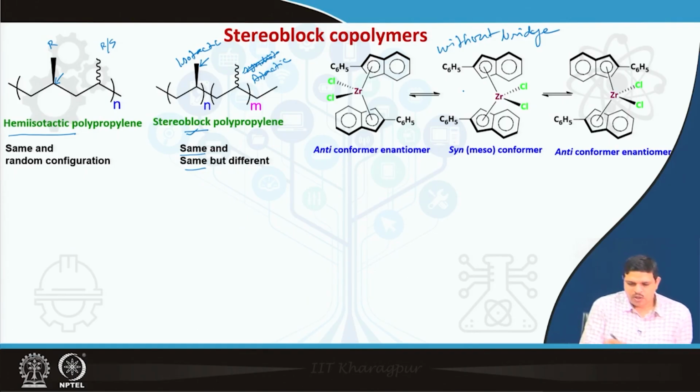So now you can get the stereo block propylene using this catalyst. You no need to use two catalysts, a single catalyst is enough.